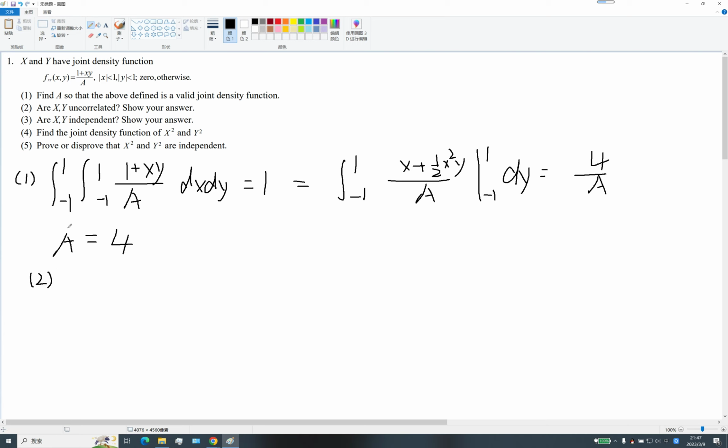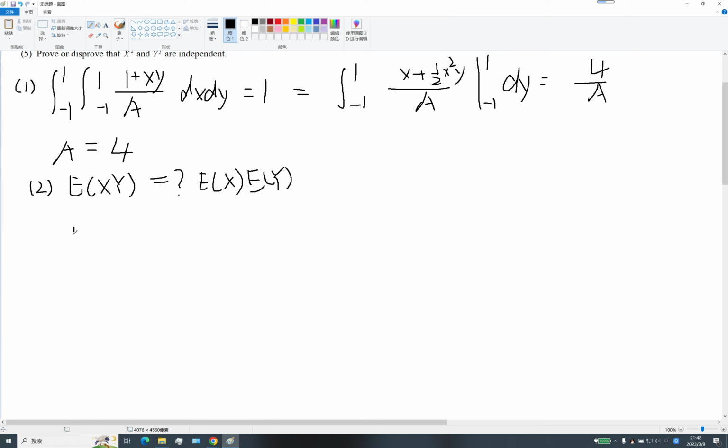And are x and y uncorrelated? If we want to know whether it is correlated or uncorrelated, we should know whether E[XY] is equal to E[X] multiplied by E[Y] or not.